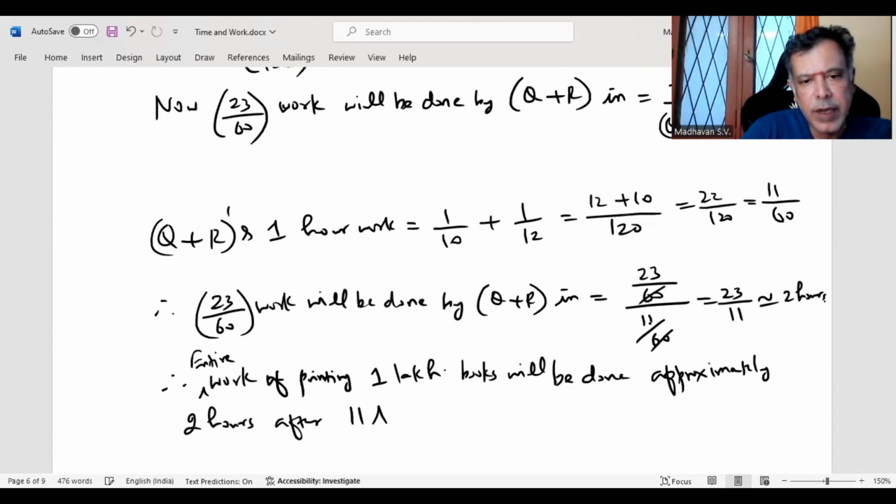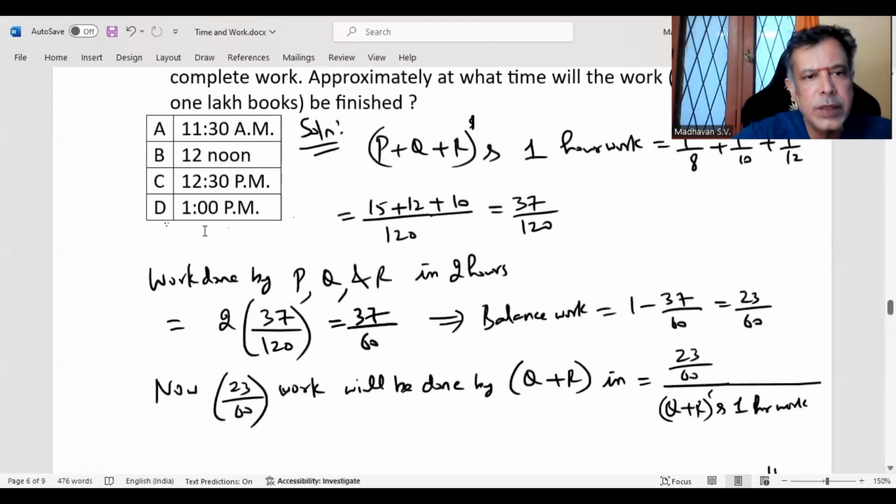That means after 11 a.m. That is 11 plus 2 hours, you get 1 p.m. So that will be the solution. So the right option is D, option D. So that is the solution for this particular question.